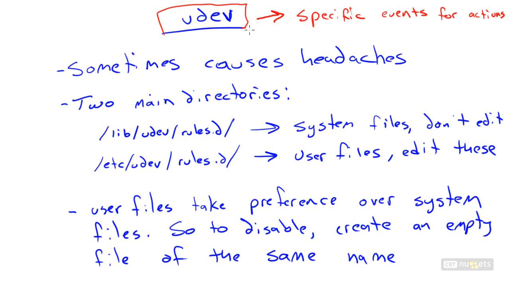This is a pretty complicated procedure. You can write rules that do specific things, like when you plug in a scanner or when you do anything. Anything that the kernel recognizes as an event, you can have UDEV do something while it happens. Unfortunately, sometimes UDEV can cause problems in the way that it does things. And this is where I first learned of UDEV, because my server created a UDEV rule that specified a particular Ethernet card with a particular MAC address was going to be eth0.